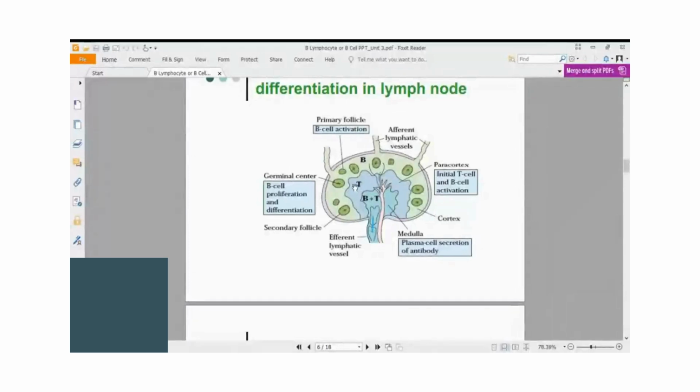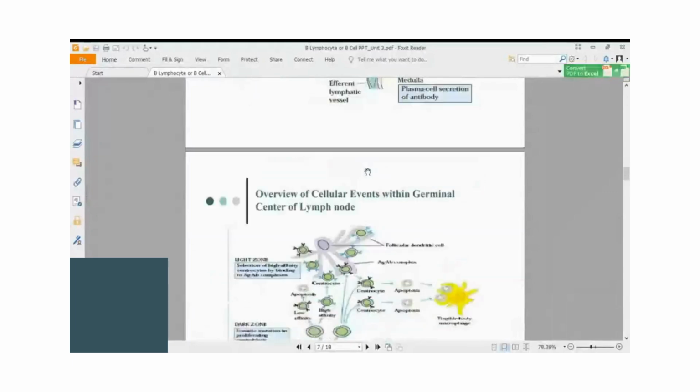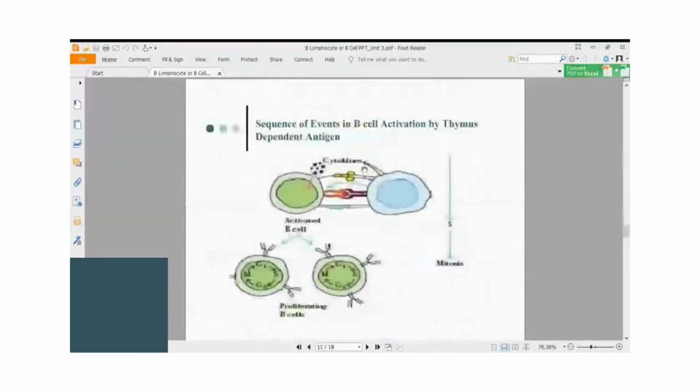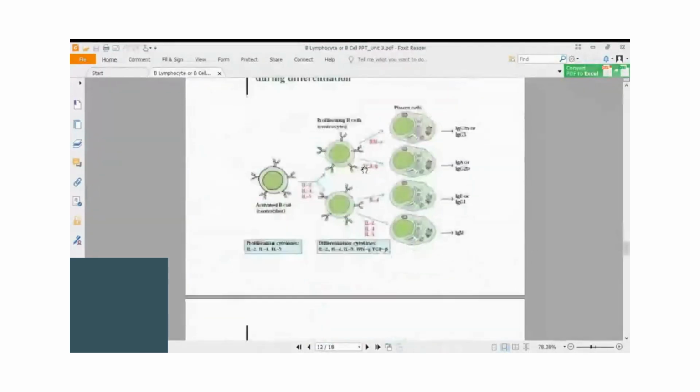Now they are ready to become differentiated, and they will respond to the copious amount of cytokines secreted by the T lymphocytes, and those cytokines will give rise to different types of antibody producing cells.